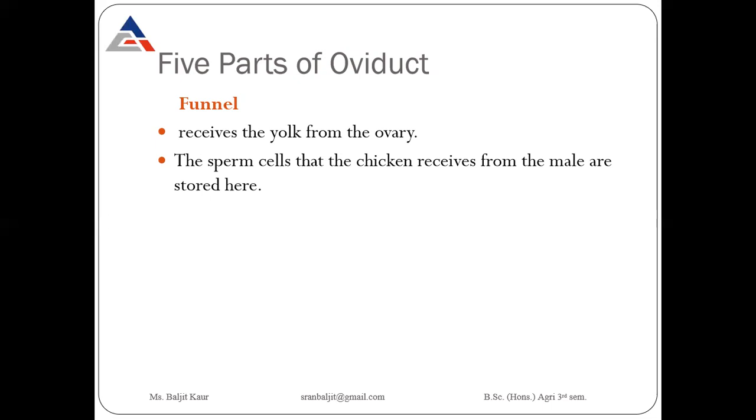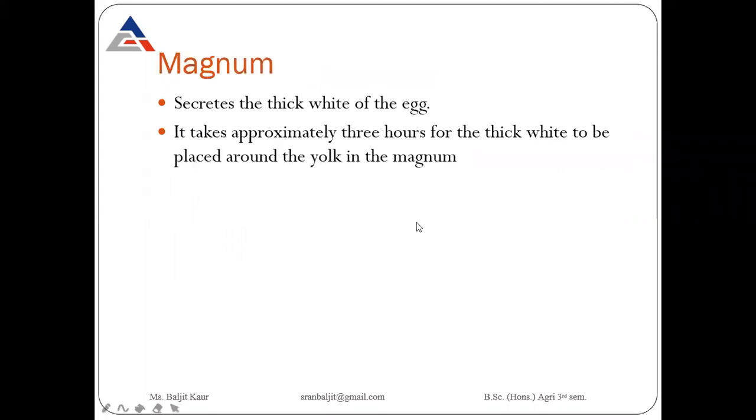Okay, this is the first part of the oviduct, that is the funnel. So what is the function of the funnel? It receives the sperm cells from the male as well as stores them, and it also receives yolk from the ovary.